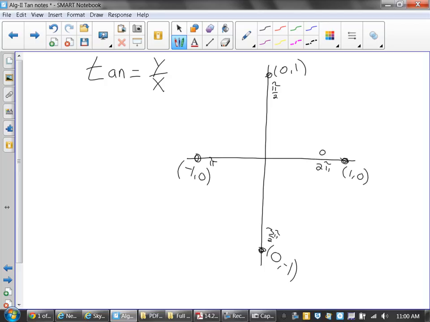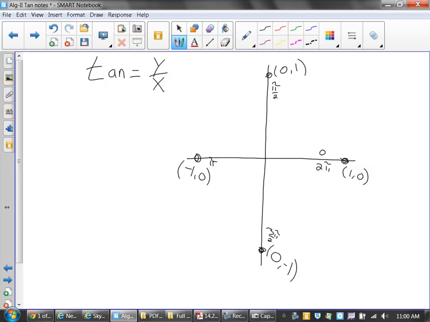So let's think about this. There was another critical point of tangent that occurred at the unit circle that was very easy to work with. What was that point, do you remember? At pi over 4. Everybody remember that?